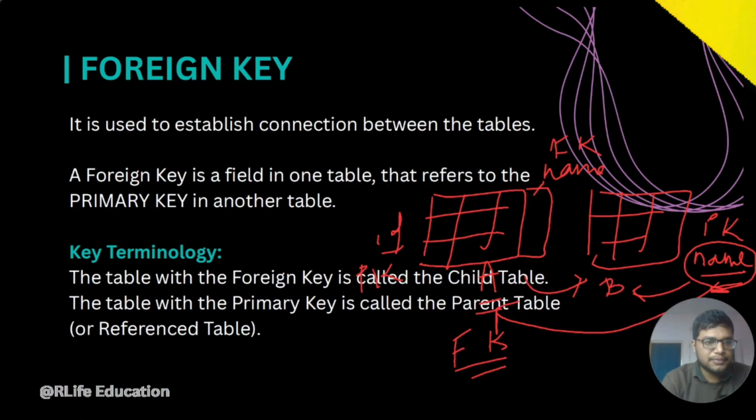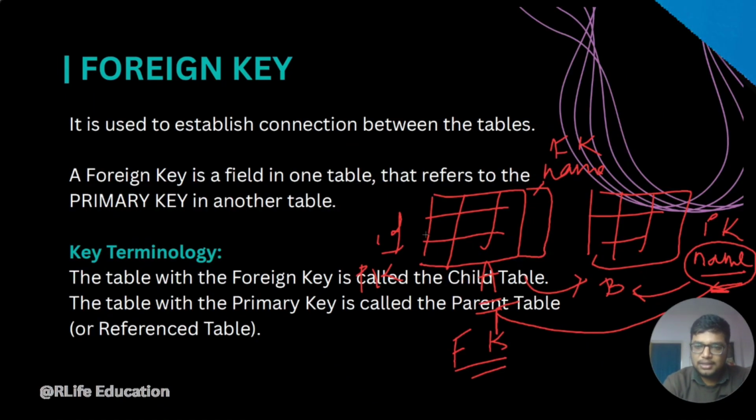You can see here, a foreign key is a field in one table that refers to the primary key in another table. Exactly how does a column become a foreign key? The one and only condition is that the column must be a primary key in its own table. Table B's name is a primary key. Because of that, I am able to make it a foreign key in my own table. This is the whole concept.